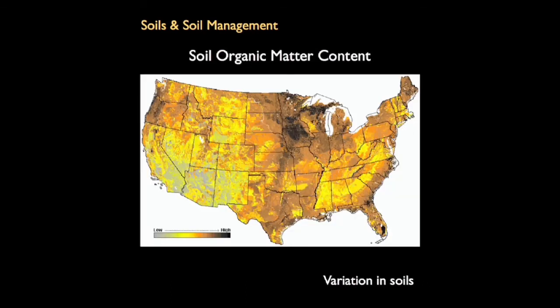An example of this variation in soil can be seen in this map of the continental United States that illustrates the distribution of organic matter across much of the country. Large areas of soil high in organic matter, depicted as nearly black areas here, are found in the upper Midwest, where tallgrass prairie used to be a predominant ecosystem.